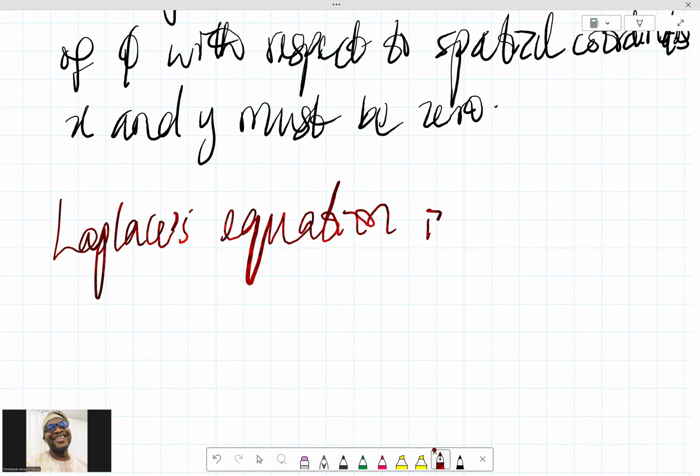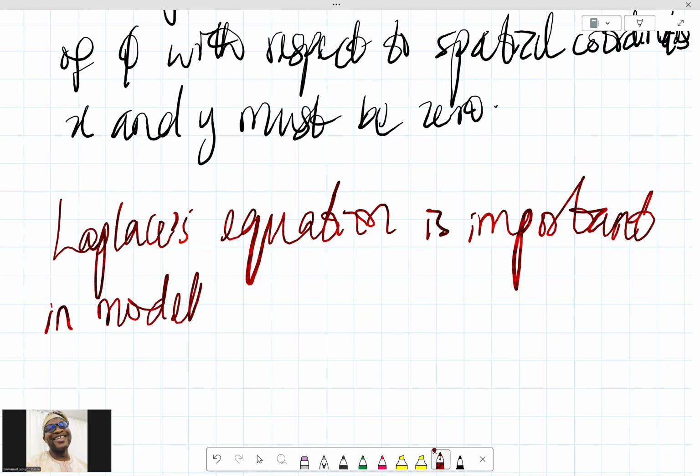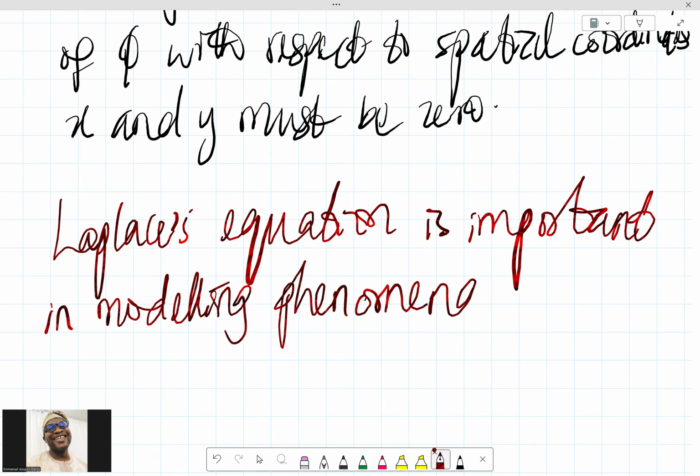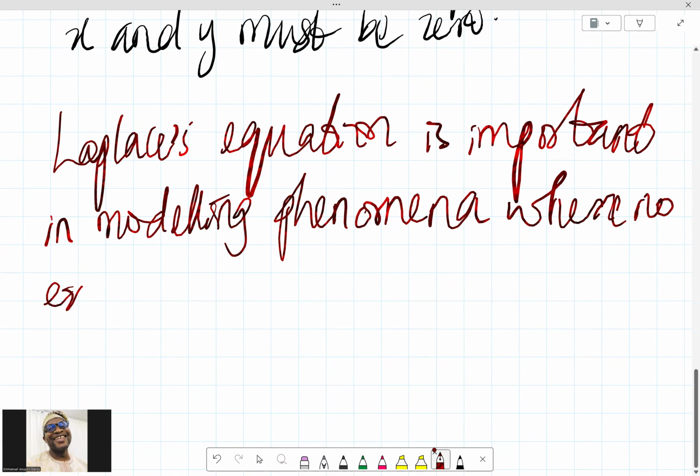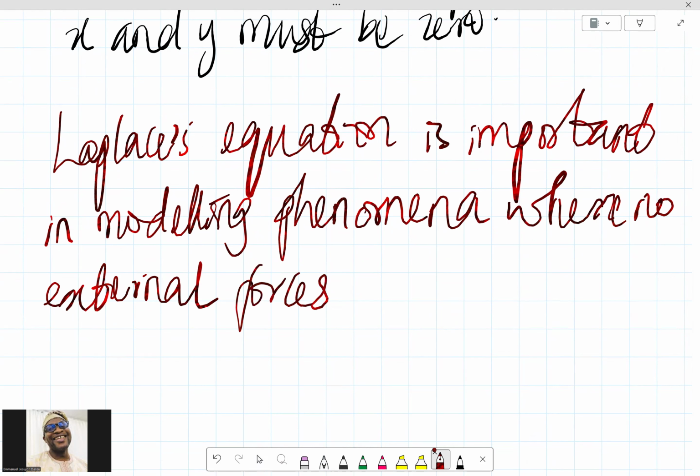Laplace equation is important in modeling phenomena where there are no external forces, because it's homogeneous, right? It means no external forces like heat sources.